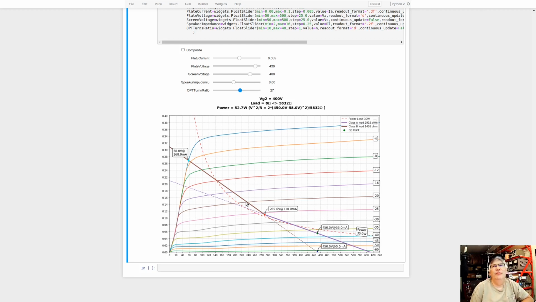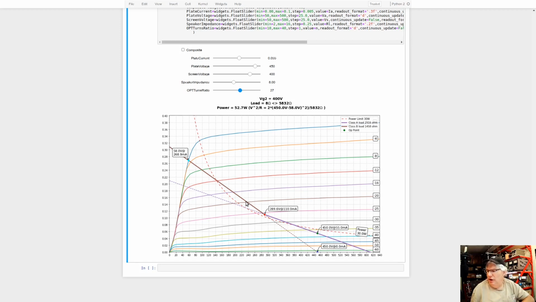Now there is a thermal response to the tube, but most class AB amplifiers are designed in this fashion where the B operation exceeds the power dissipation. And depending on how much power you want to get out, you can exceed it by a lot, and you won't be in excess of the power limit itself of the anode.